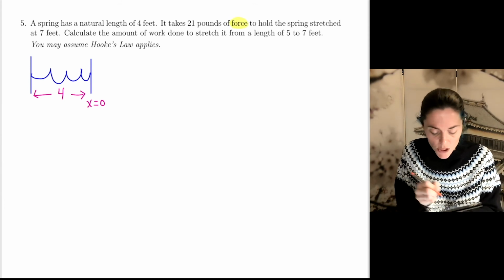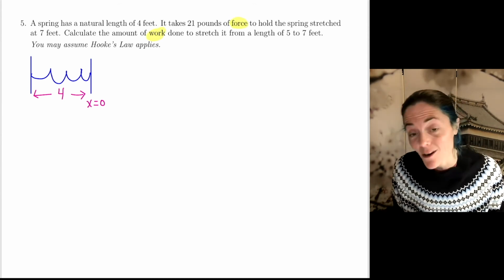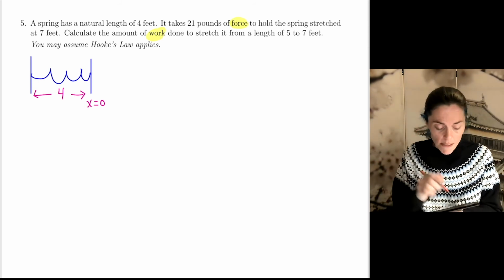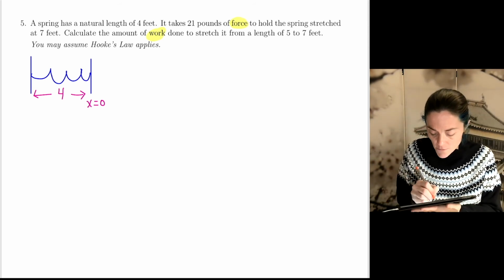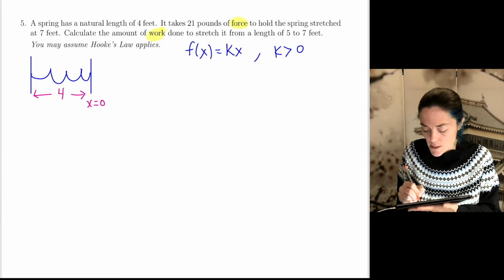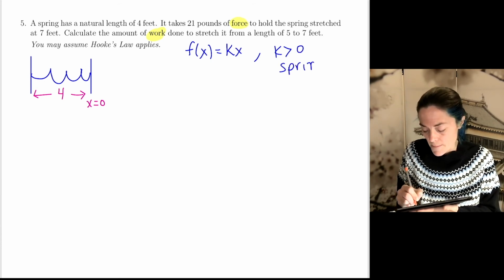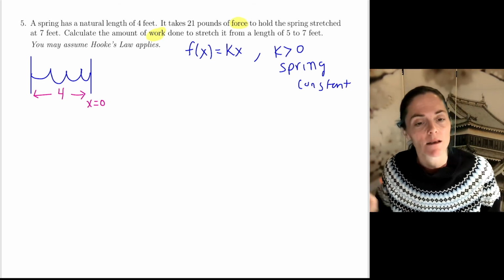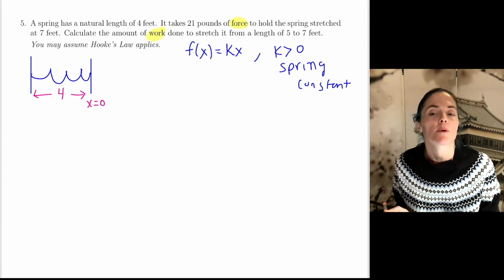So we have to understand or read the question carefully when we're given a work problem with springs, because Hooke's law says the force, f of x, is kx, where k bigger than 0 is the spring constant. This is the force required to hold a spring stretched or compressed x units from the equilibrium.